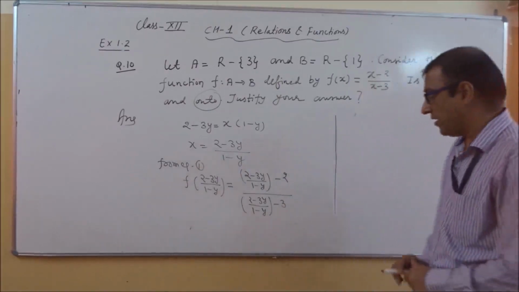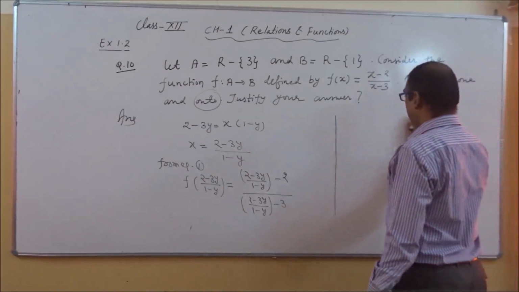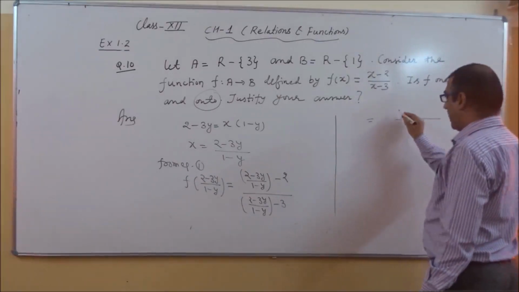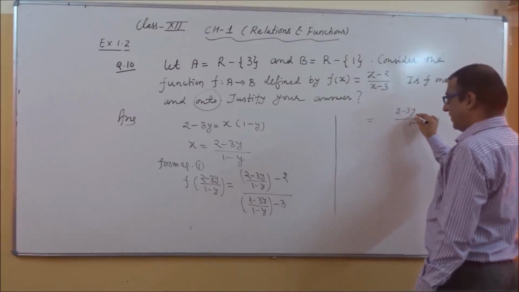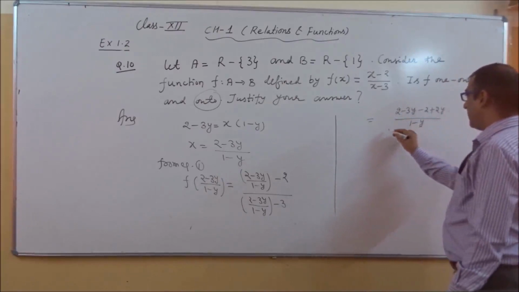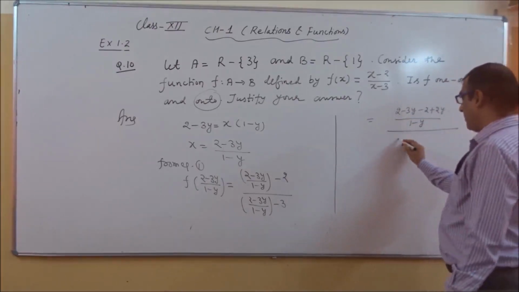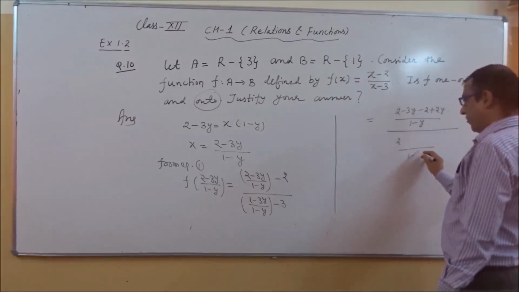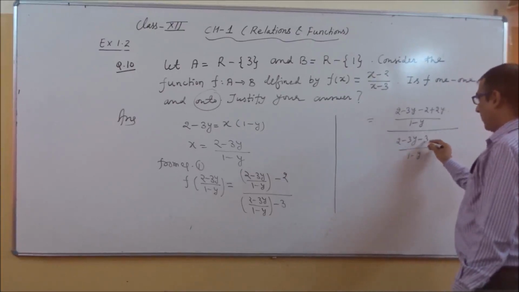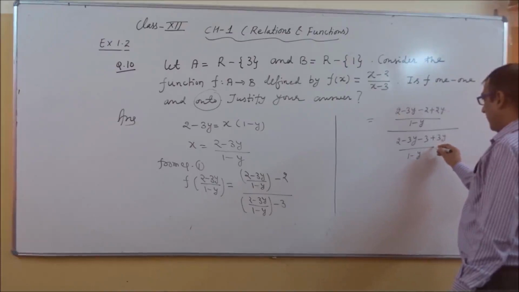So after this, in the right hand side, we will continue with the LCM. LCM is 1 - y, and here we will get 2 - 3y - 2 + 2y, and again we will take LCM in the denominator also, so that it can be written as 2 - 3y - 3 + 3y.